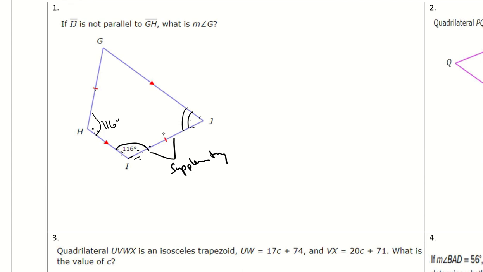So they add up to 180, and then this is congruent to that. And so we can figure out what angle G is if we know angle J or H. All right, so to find this angle, you just do 180 minus 116, which is 64 degrees.